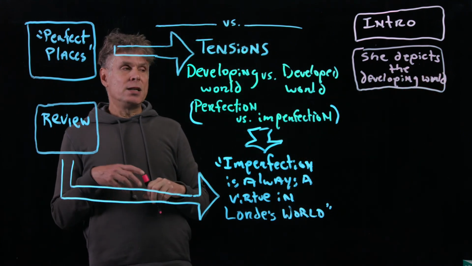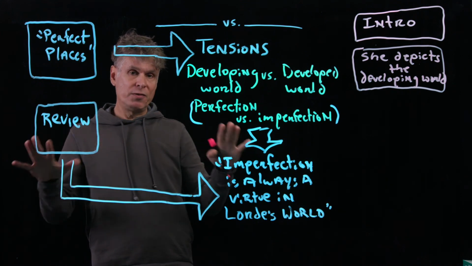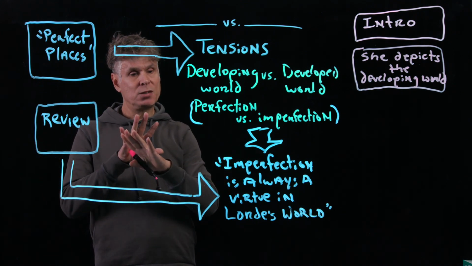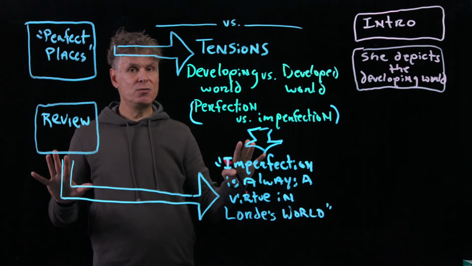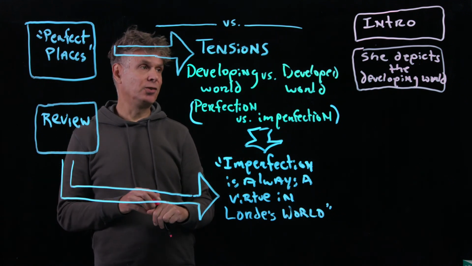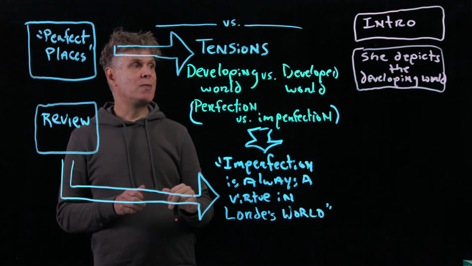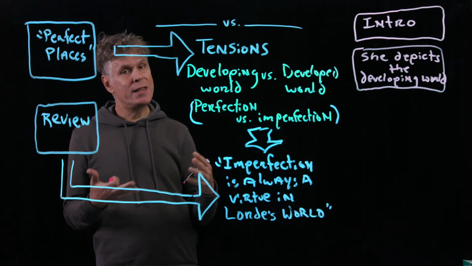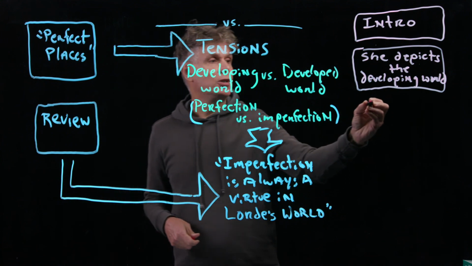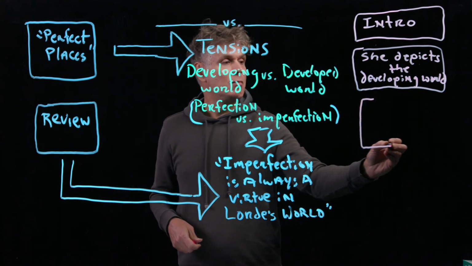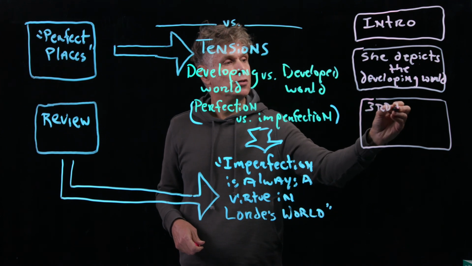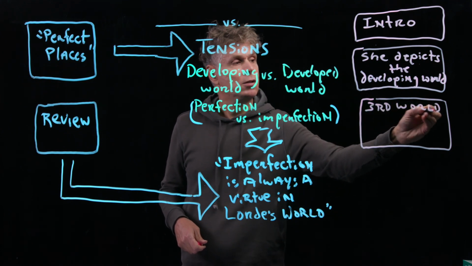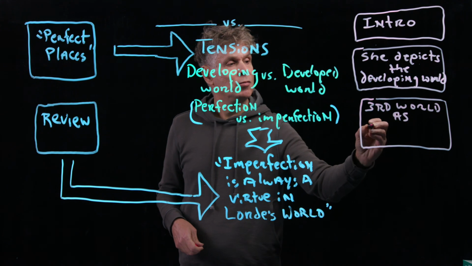It's very perfect, no trash, no other people, certainly no natives. It's all scenery. It looks like paradise. And I'm going to talk about maybe why that's a problem. So in this paragraph, I might talk about third world as paradise.